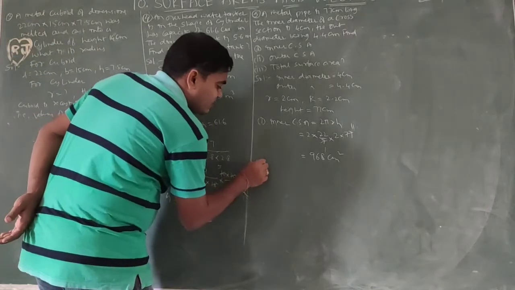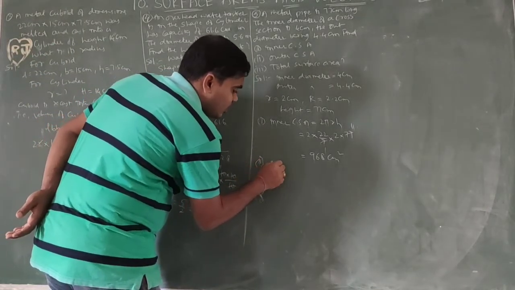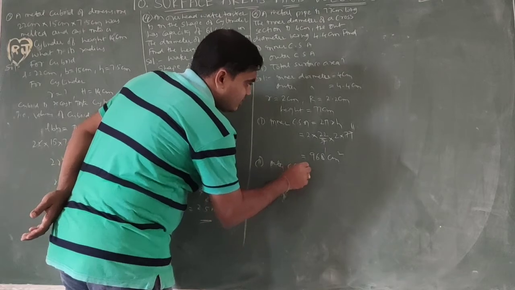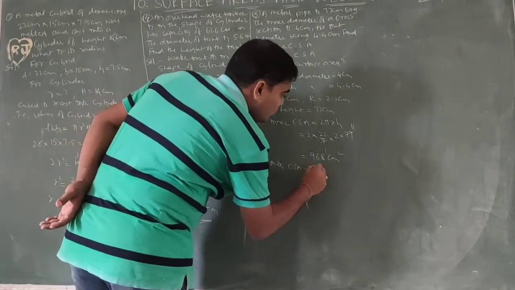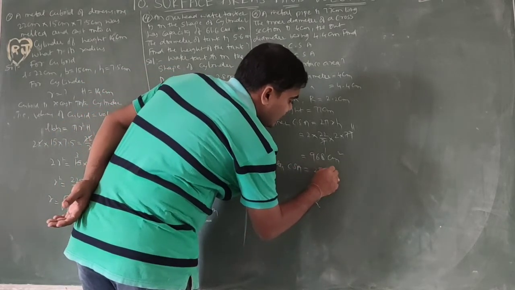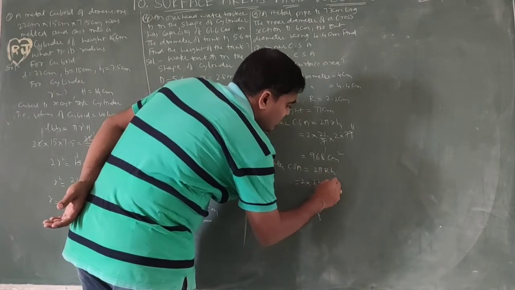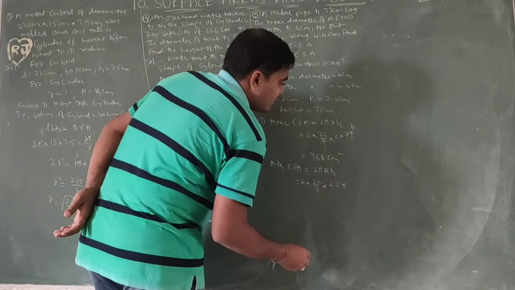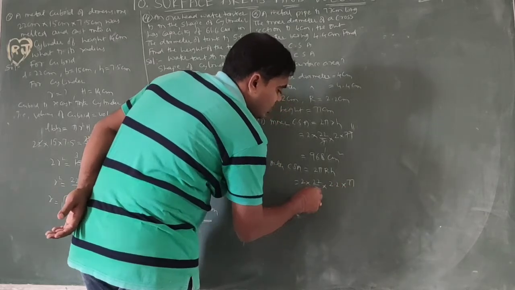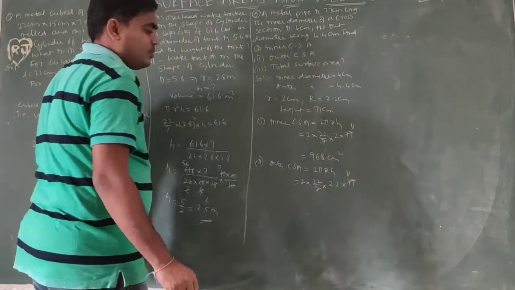Next, second, outer CSA equal to 2 pi capital R H. 2 into 22 by 7 into capital R 2.2 into H equals 77. 7 into 1, 7 into 11.